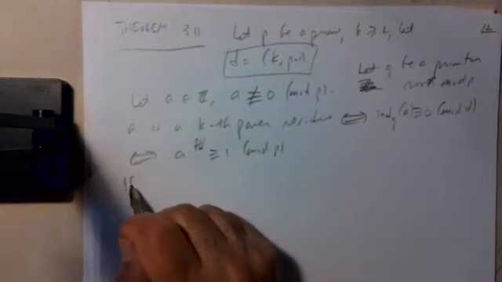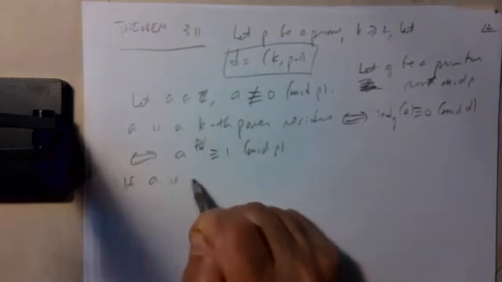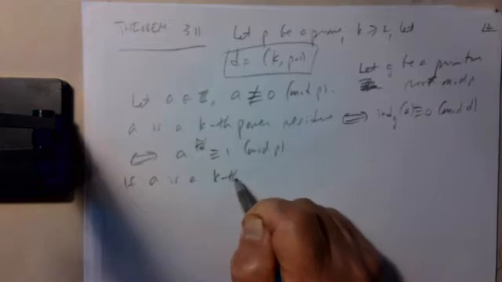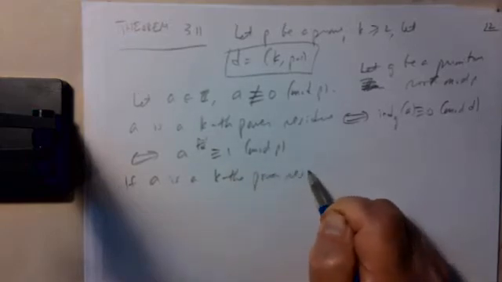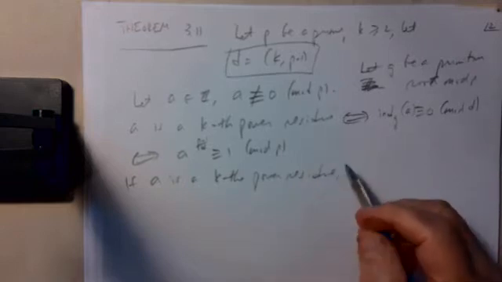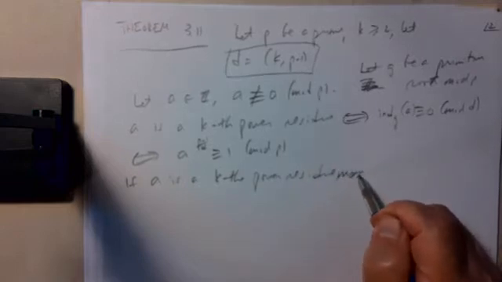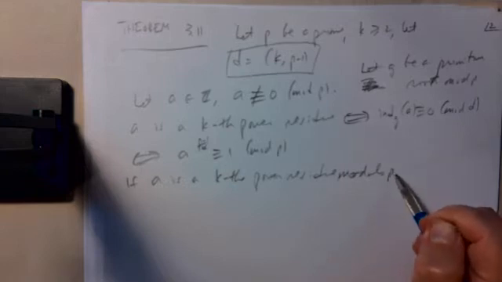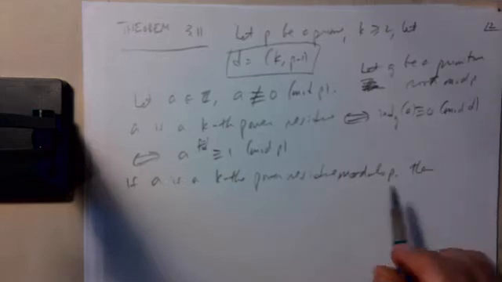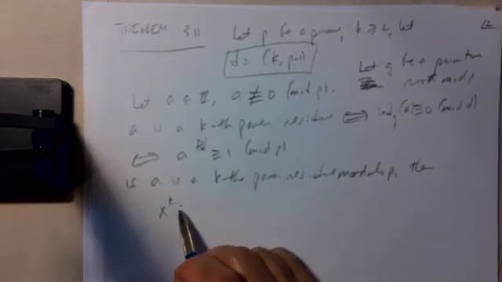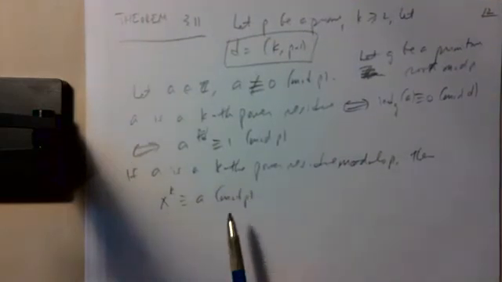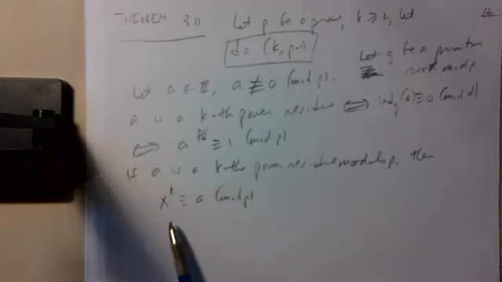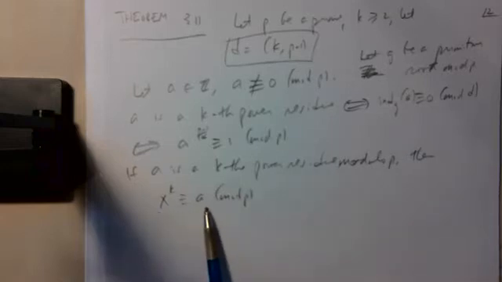And the second part says that if in fact A is a kth power residue mod P, then the congruence x to the k congruent to A mod P, right? So if A is a kth power residue, that means there exists at least one x that satisfies this congruence.